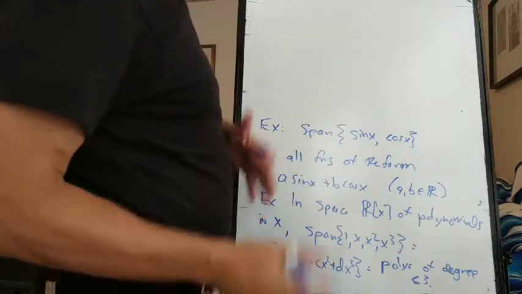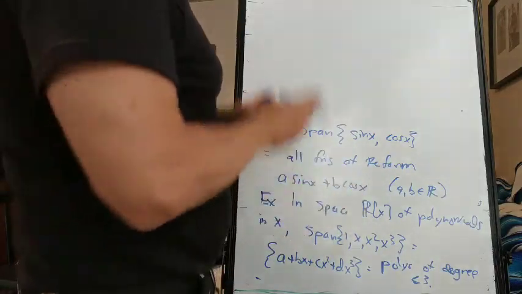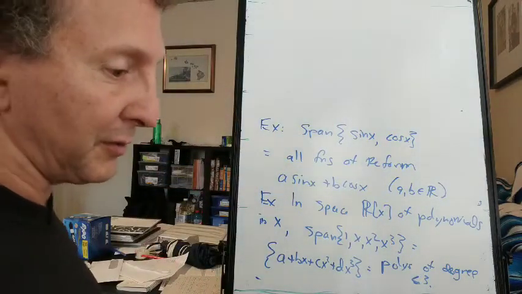Now sometimes the span of certain elements in the vector space doesn't have a nice name, like the upper triangular matrices or the polynomials of degree less than or equal to 3.